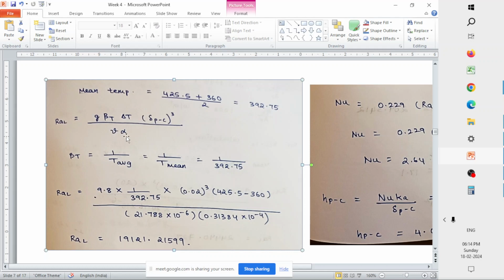Here this alpha is called thermal diffusivity, and the other one is called momentum diffusivity. Thermal diffusivity is nothing but how much heat will be diffused through a particular material. Suppose you have a material, how much heat will diffuse through your material.